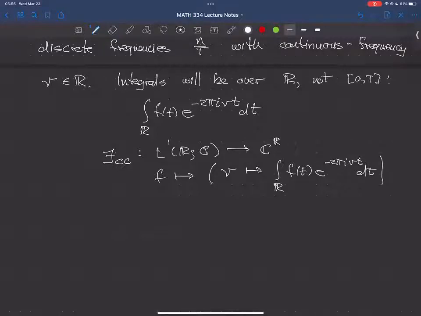Okay. So in other words, I get F_CC, and it will always be the case that C means continuous and D means discrete, so this means continuous time, continuous frequency, because that's what I have here.